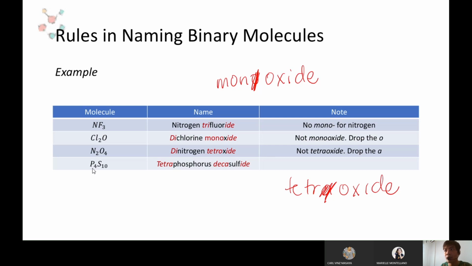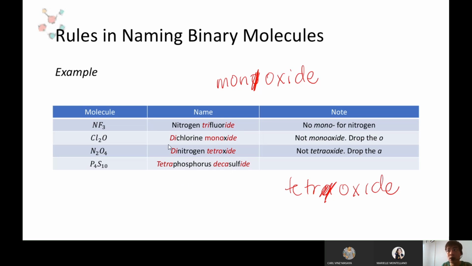Then, last one, P4S10. Four phosphorus, so tetra-phosphorus, and ten sulfur, so deca-sulfide. That's how the naming goes. In summary, we don't use mono for the first element. For the second element, we use the suffix -ide. We indicate the number of atoms with Greek prefixes: mono, di, tri, and so on.